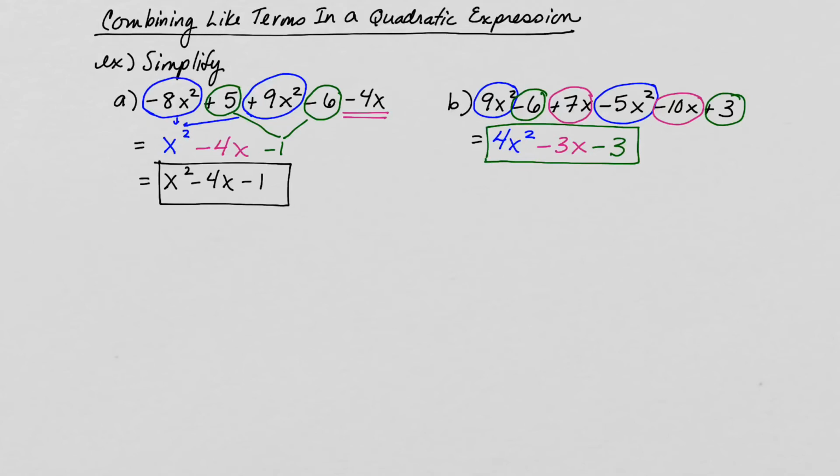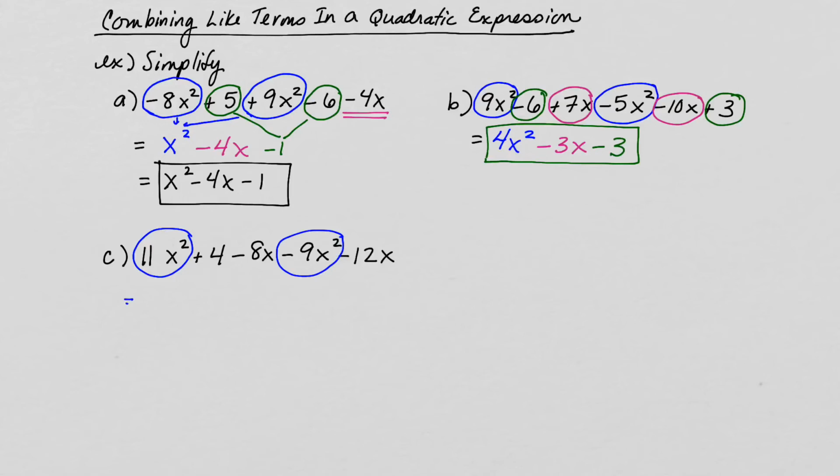And I have two more examples here. So we have 11x squared plus 4 minus 8x minus 9x squared minus 12x. So again, if I look for the x squared pieces, I have this piece and this piece.